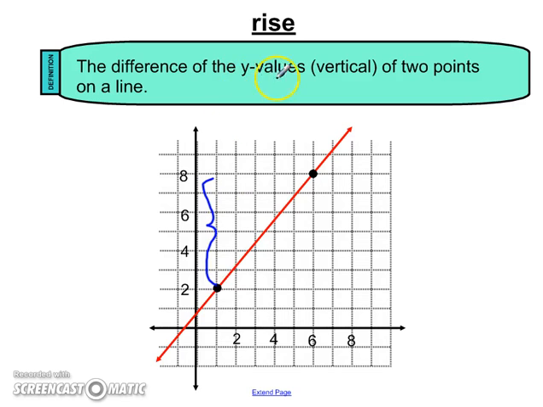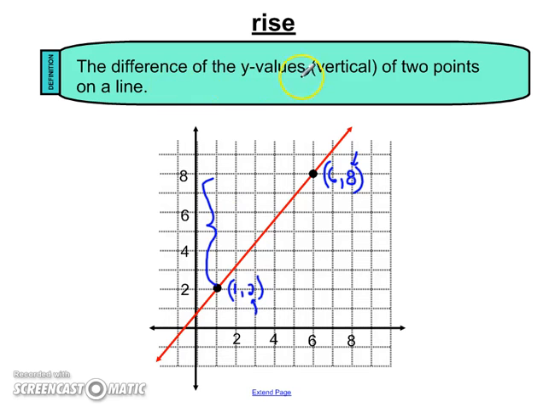Now this thing about y values, you know your y values in your ordered pairs determine up or down, okay? If you think about this point right here, this point is the point (1, 2). So (1, 2) is my ordered pair for that particular point. This point over here is (6, 8). Well, it's the y value, the second number, the 8 and the 2, that determine up and down.